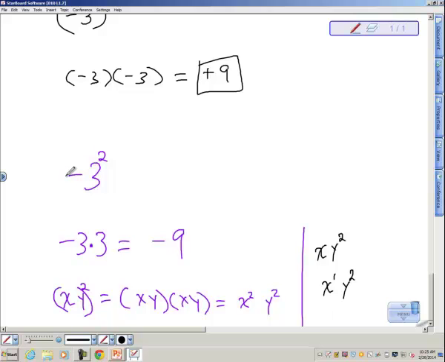With parentheses, you're squaring both terms. It looks like different rules, but really it follows the same rules as other things.